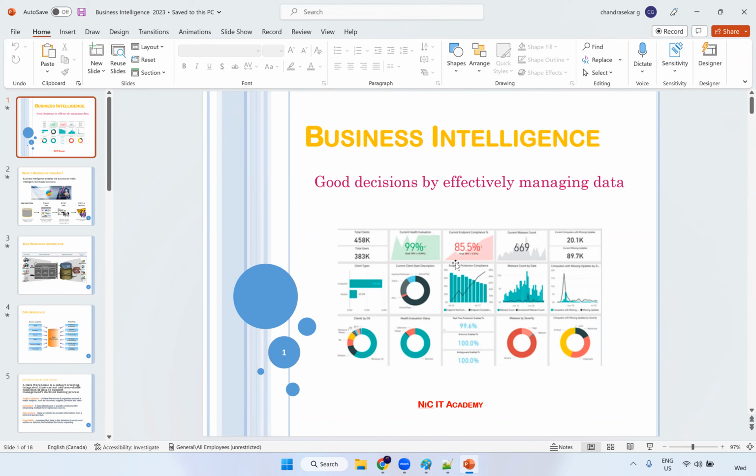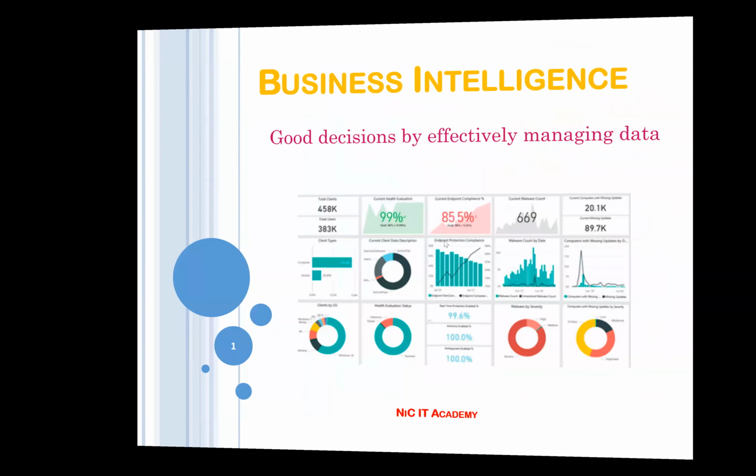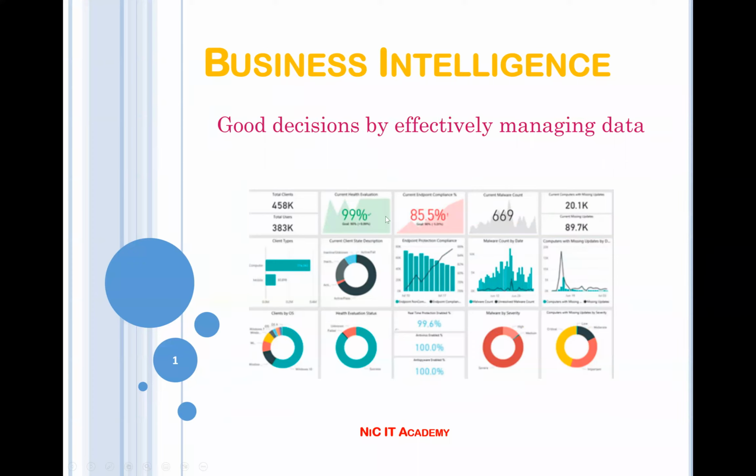That's what we call fact-based decisions. Fact-based decision means I take a decision based on the data, not like an assumption, right? All the business teams take decisions as per the data. So how are we showing the data to them?